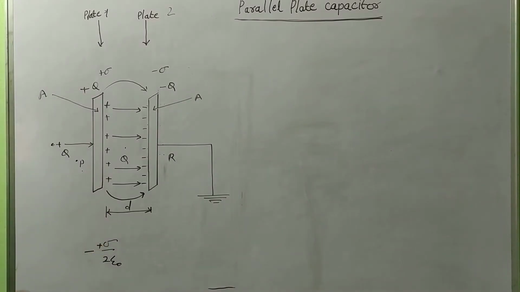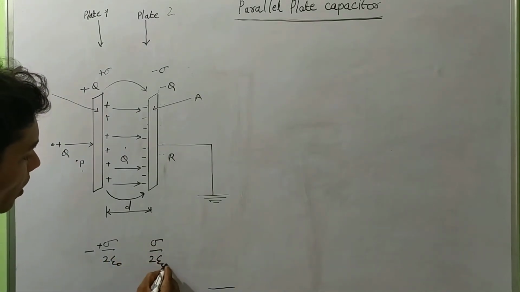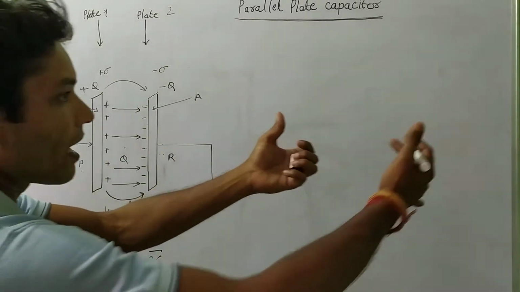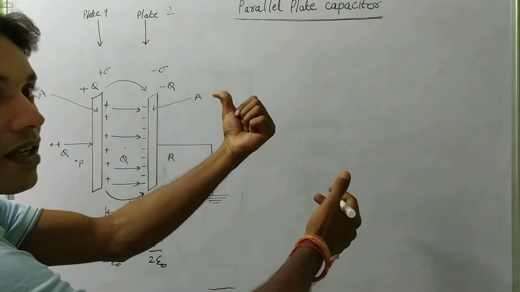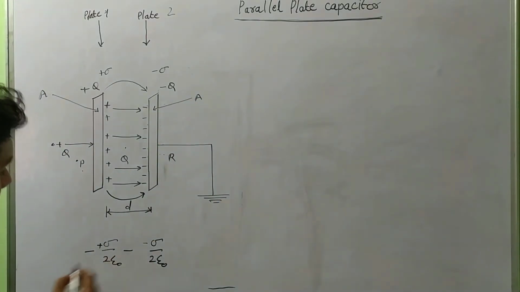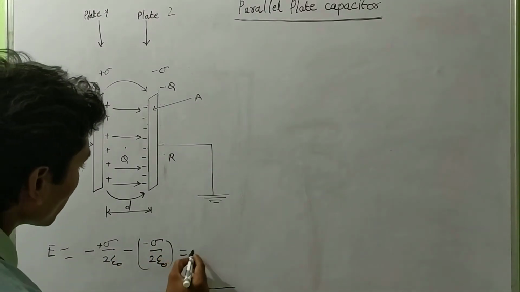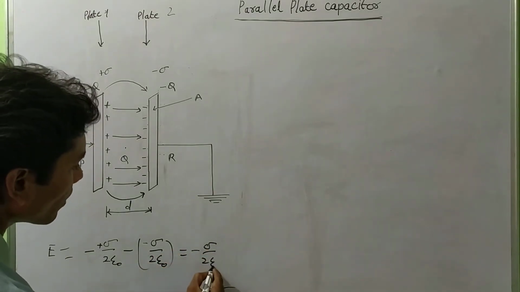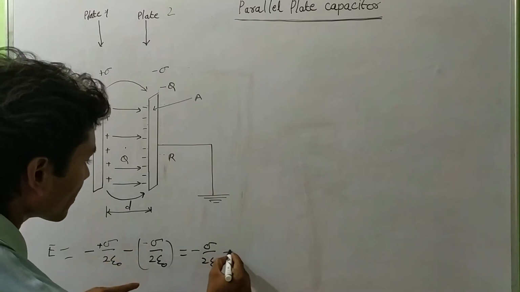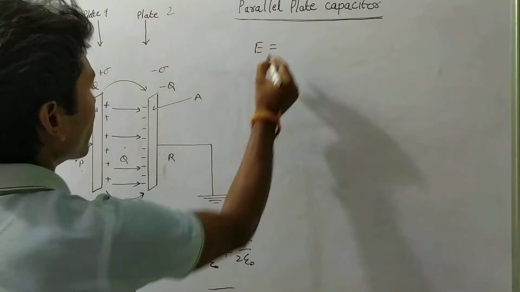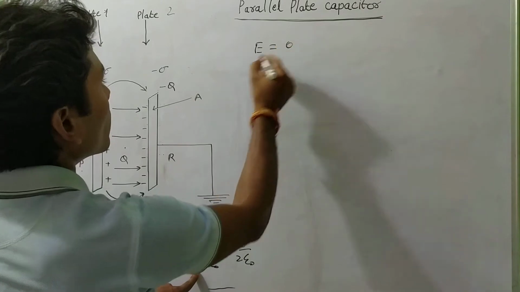The electric field at point P due to plate 2 will be sigma upon 2 epsilon naught, but a negative sign will be there because sigma is negative, and because we are going right to left, along the minus x-axis, it will also be negative. So E equals minus sigma upon 2 epsilon naught, plus sigma upon 2 epsilon naught, so E will be equal to 0.